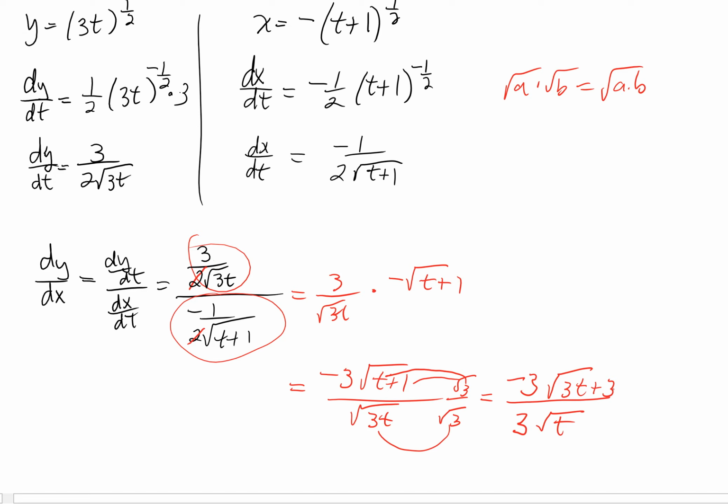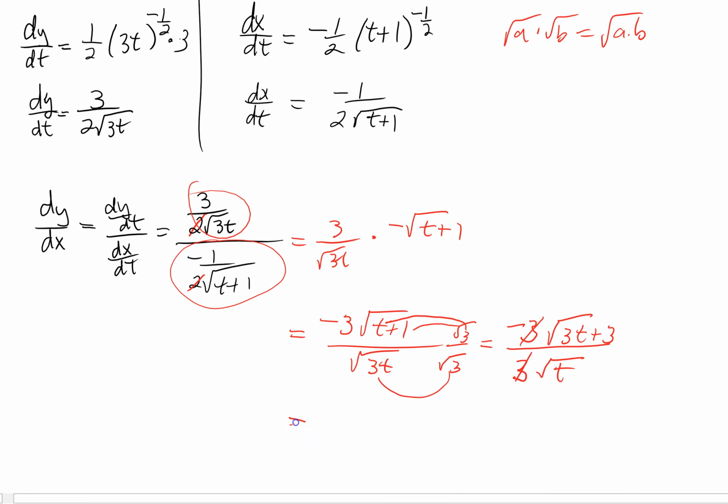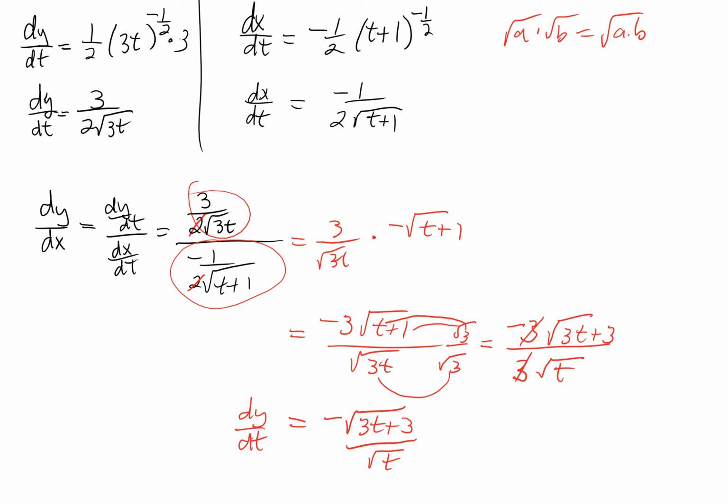And then all of a sudden you can see that these are going to cancel out. And what are you going to be left with? Well, if you canceled all that out, you'd be left with a negative radical 3t plus 3, all over this radical t. And I believe that's what is written down on the Google Classroom.